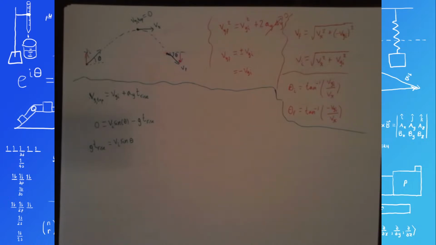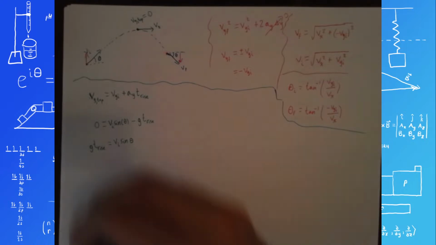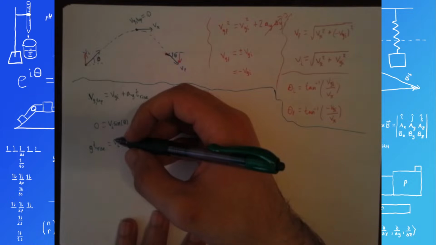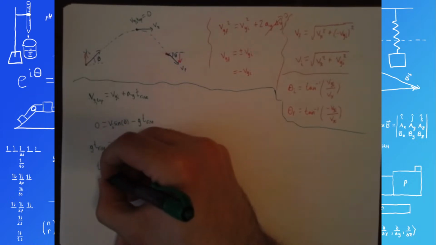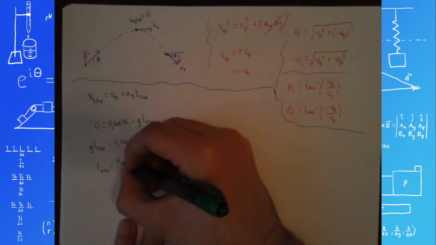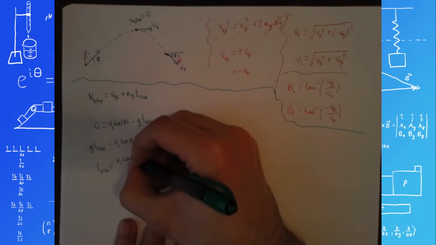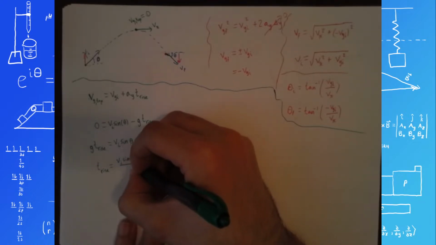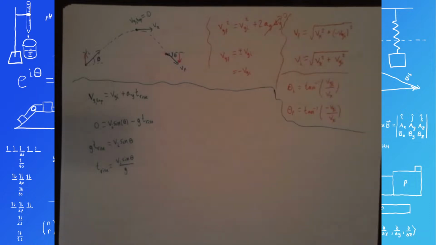It could help you avoid misreading things. And if I solve for t rise, I get t rise equals V initial sine theta over g.